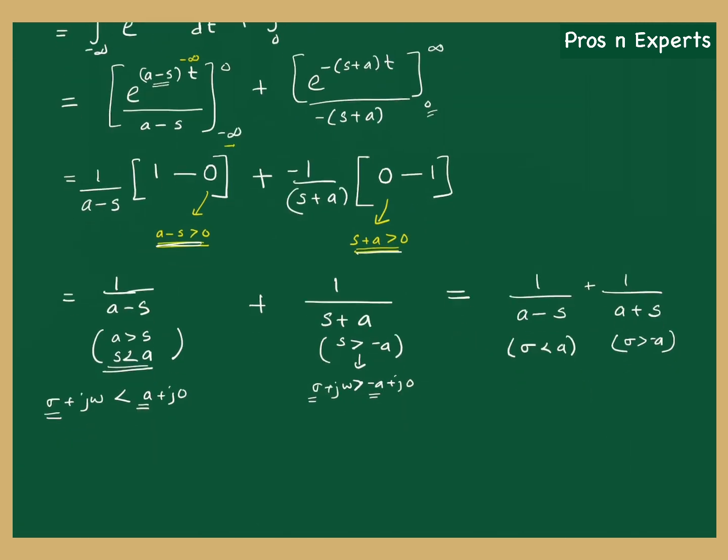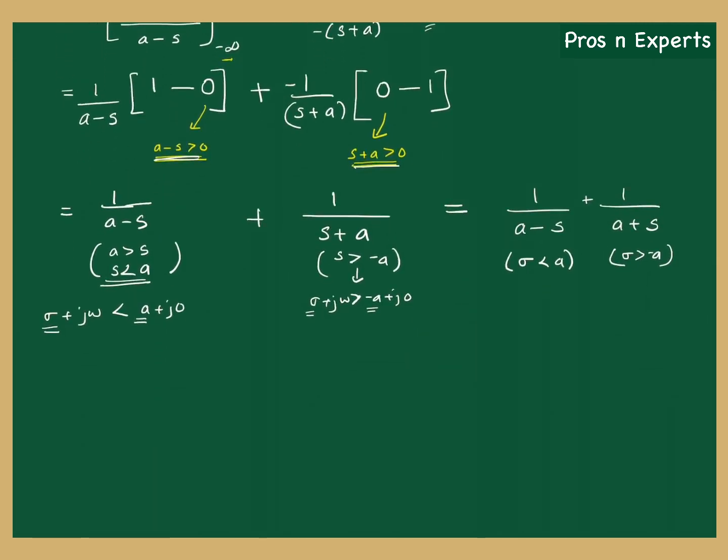Again, what is 1 by a minus s plus 1 by a plus s? I can simplify it by taking the LCM: a plus s plus a minus s, by a square minus s square, which is equal to 2a by a square minus s square.